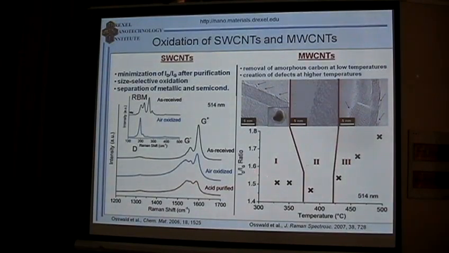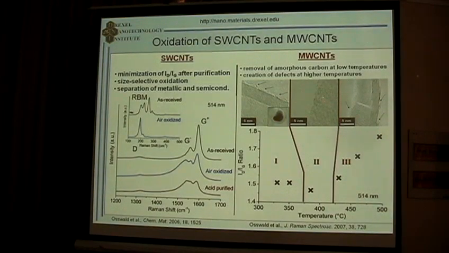What is interesting is that what is plotted here is the ratio of the D band to the G band. So the lower this ratio, the less disordered carbon you have. Initially, you decrease it: you burn amorphous carbon from the surface. But if you go to high temperature, it starts to strongly increase, because you introduce oxygen atoms on the surface, producing defects on the surface of the nanotube. Again, both processes are important.